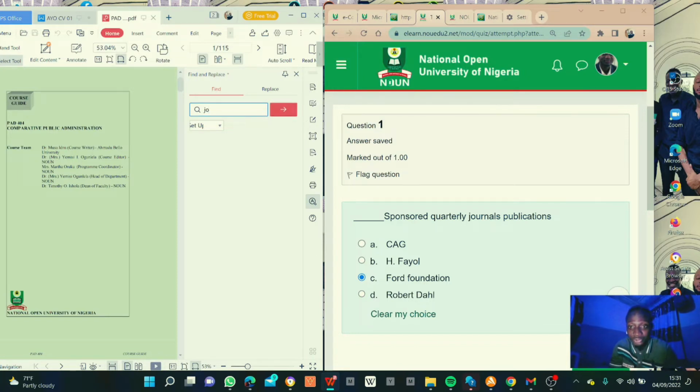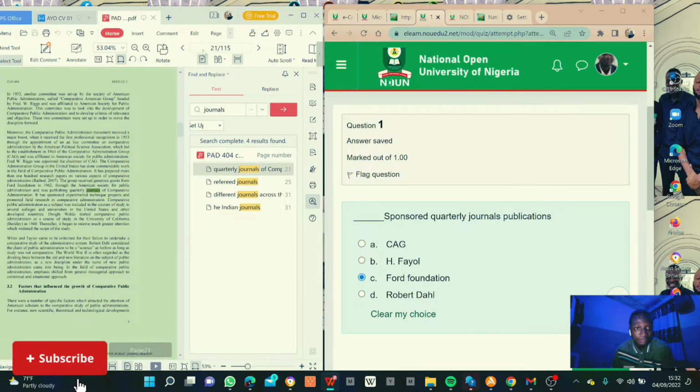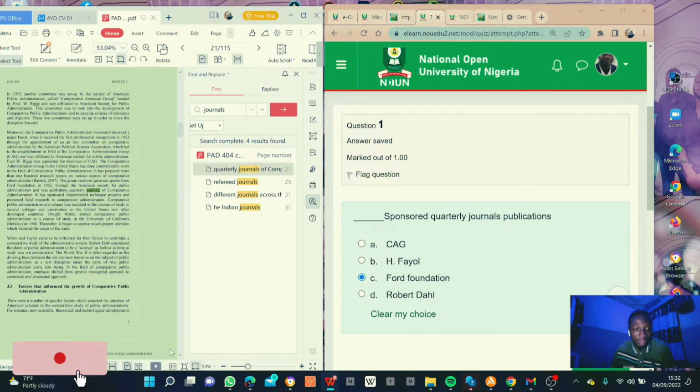I'm using the keyword journals now. Let's see what we have. Okay, we have about four options here. I think I should enlarge this a bit.